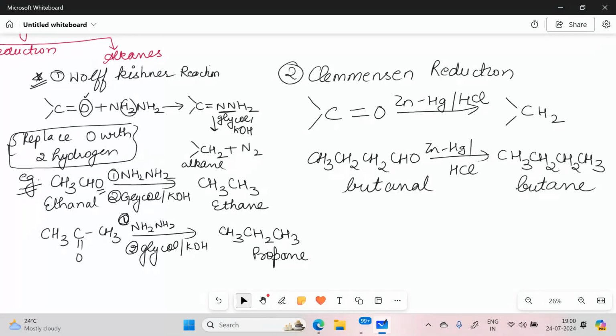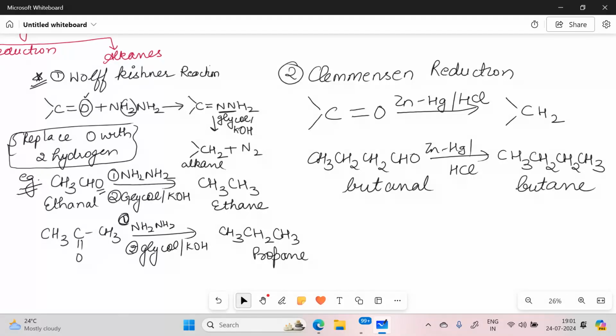So these two reactions come under reduction. First is reduction to alcohol. You can use a normal reducing agent, which may be NaBH4, LiAlH4, or hydrogen in the presence of nickel. But LiAlH4 is not the preferred one because it is a strong reducing agent. Mainly we use NaBH4 and H2. And second is reduction to alkanes.